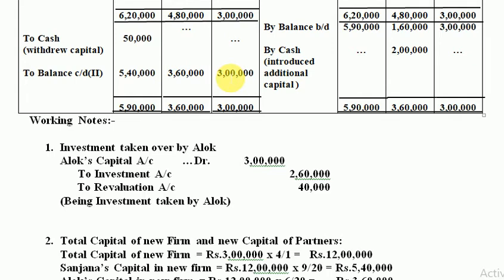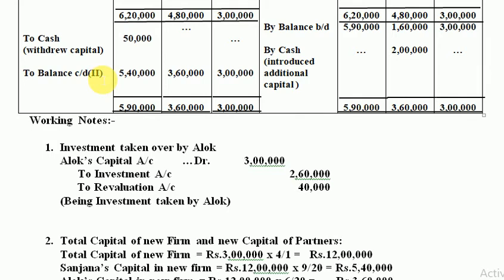So this is your second step in the extended area after you have brought down their original capital as by balance BD. Children, take care, by balance BD. And this is to balance CD. This is CD number 2. I showed you CD number 1. So just for your help and convenience, we're writing this 2.